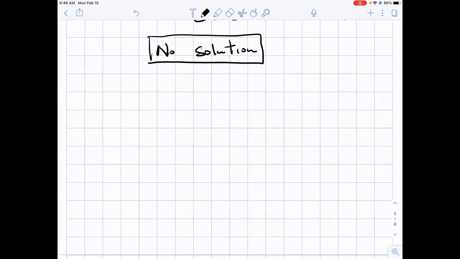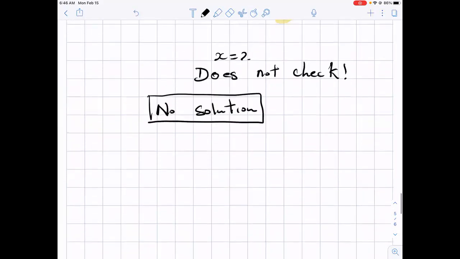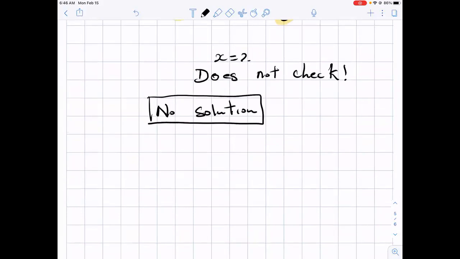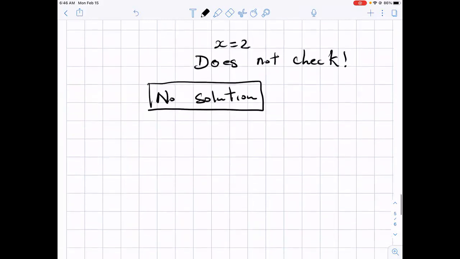This is the reason why it's very important for you to check your answers, because you may find an answer, but when you check it, that answer will not work. And if the answer does not work or produces a 0 in the denominator, then you have no solution to this problem. Very important.